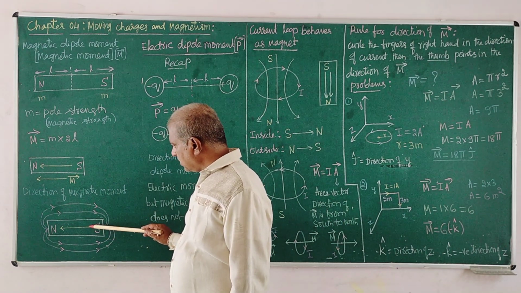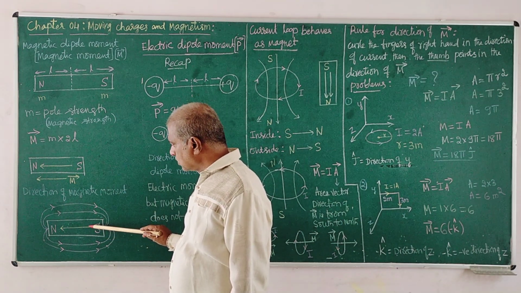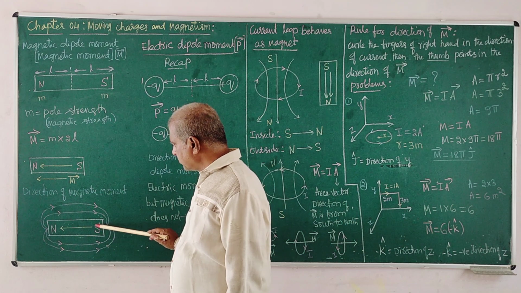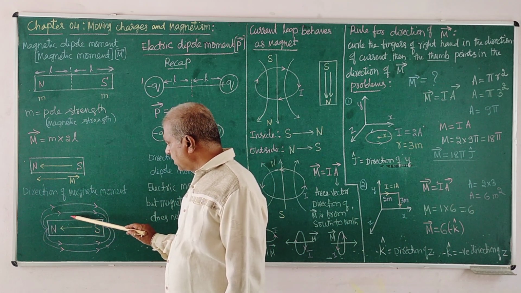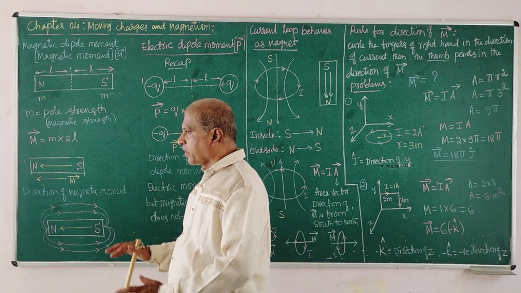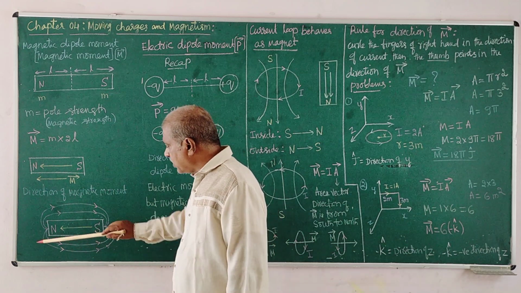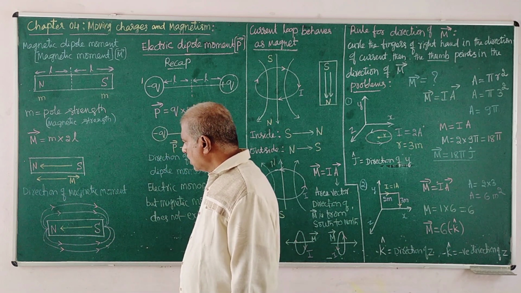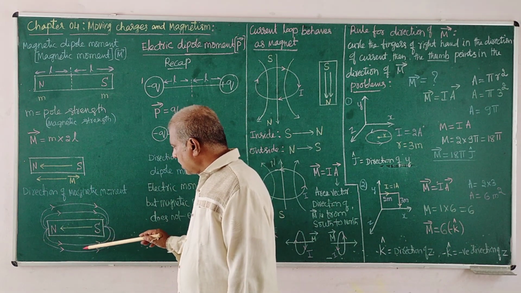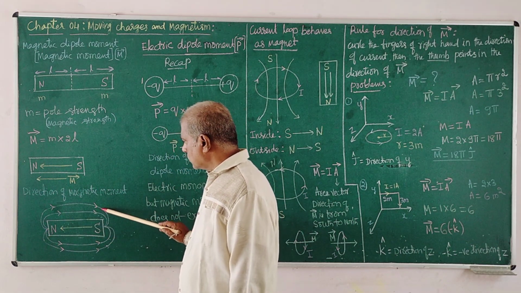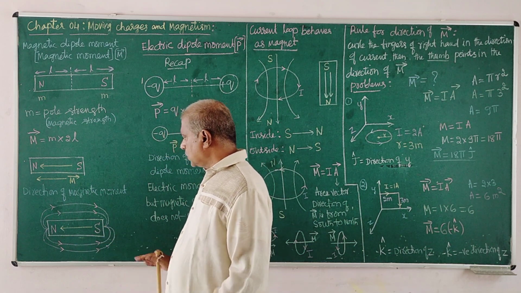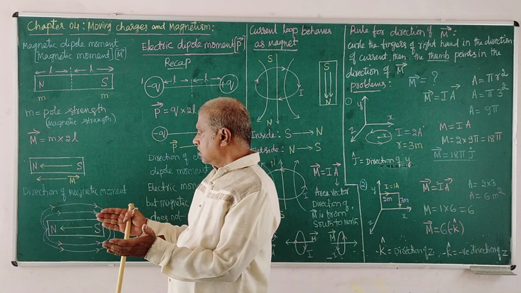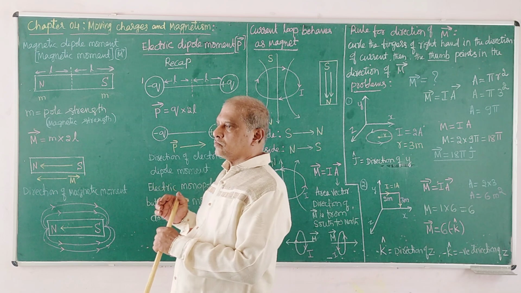In the material, there are magnetic lines of force in a straight line like this, from the south pole to the north pole. And outside the magnet, that is in the space surrounding the magnet, there are also magnetic lines of force, and the direction is from north to south.